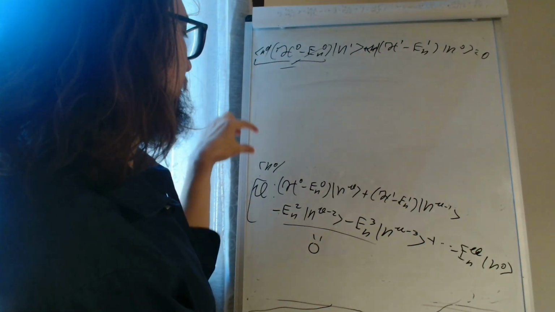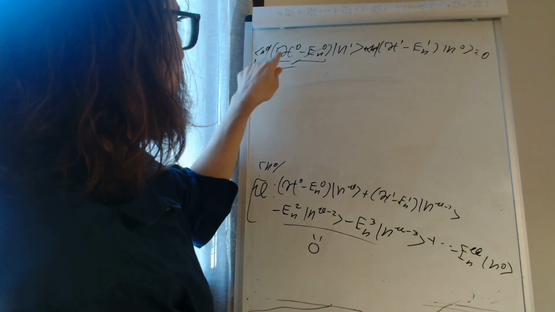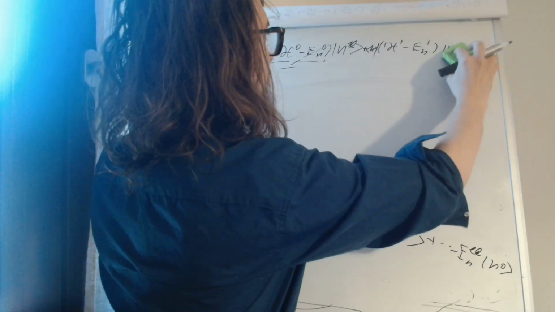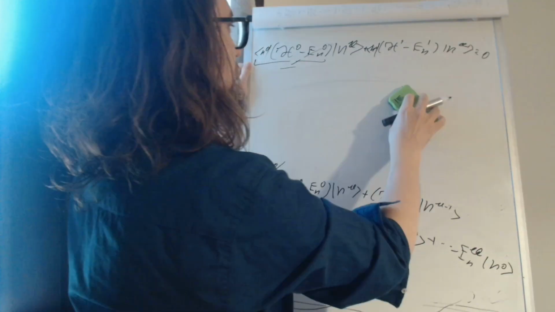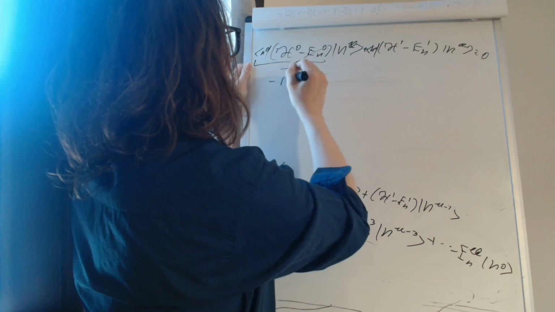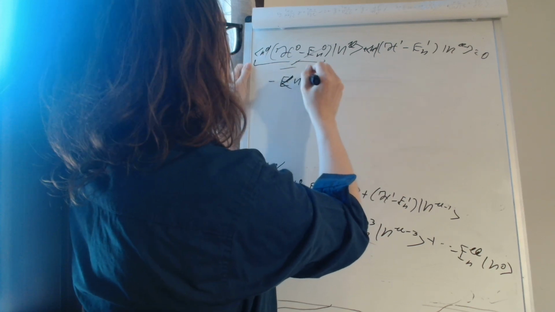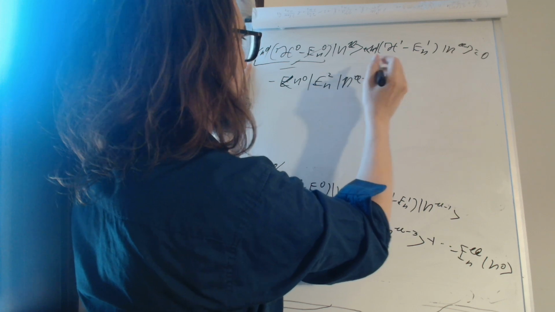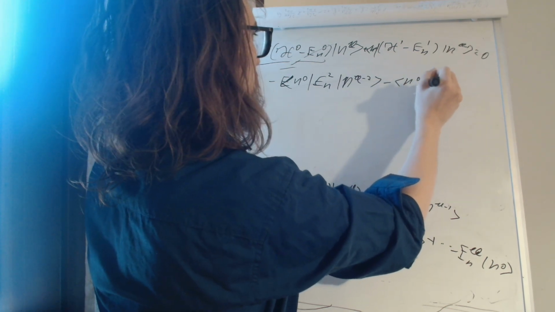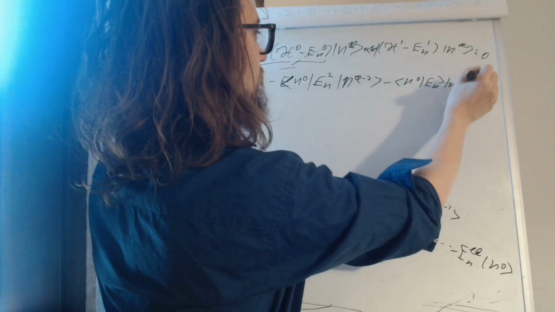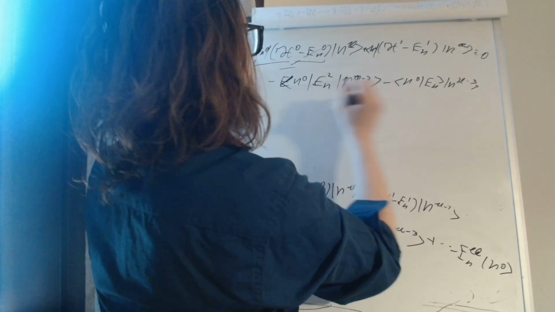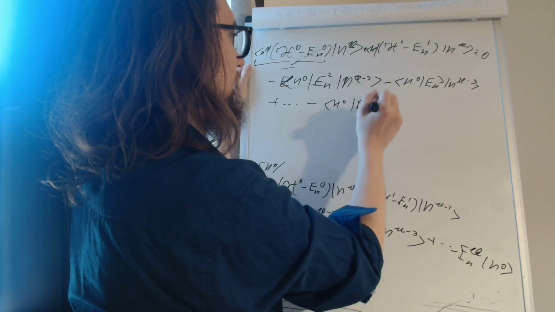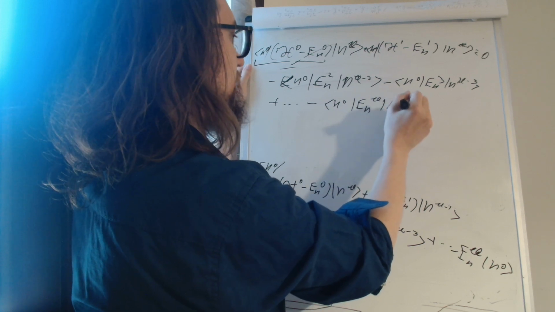In fact, to the left we always multiply by n0, and here instead of n1 we will have nk, and here n(k minus 1), and then we will have terms with only the energy, so minus n0 e n2 n(k minus 2), minus n0 e n3 n(k minus 3), and so on up to minus n0 e nk n0 equals 0.